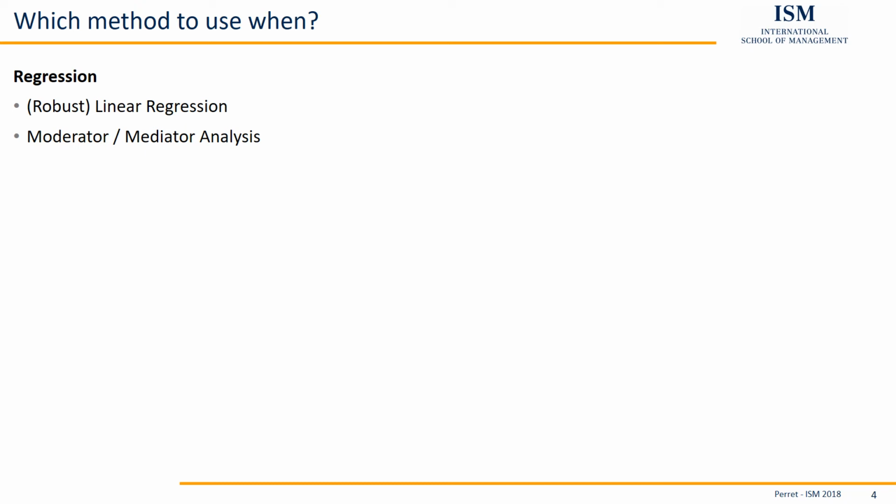Mediator means the x influences the mediator and the y, and the mediator itself also influences the dependent, the y. So in both cases, the relation between x and y might either be too small or too large. Moderators and mediators might have an impact on the real relation between x and y. So this is something you might have to take into consideration when working with more complex models.